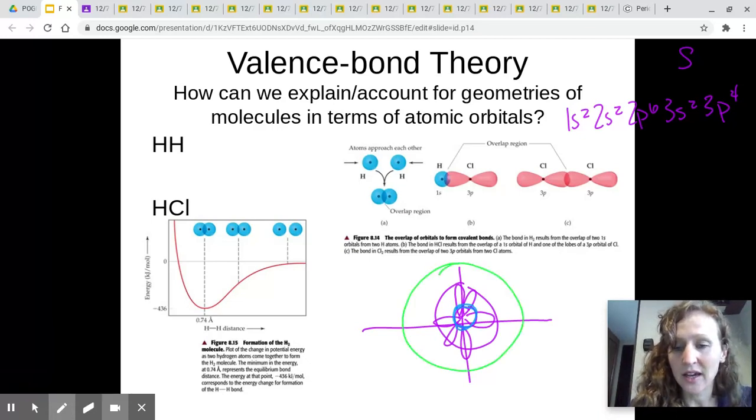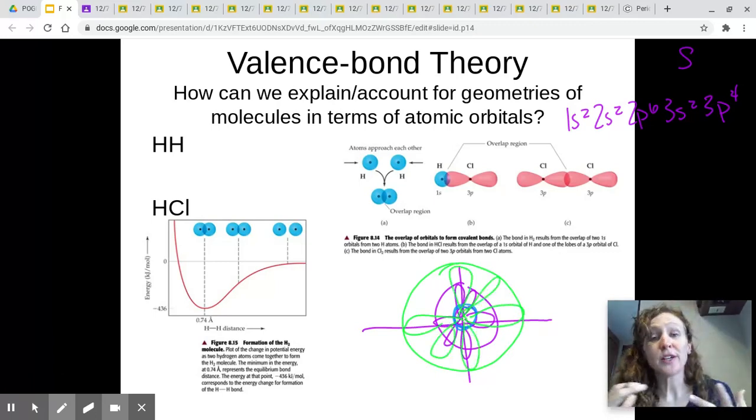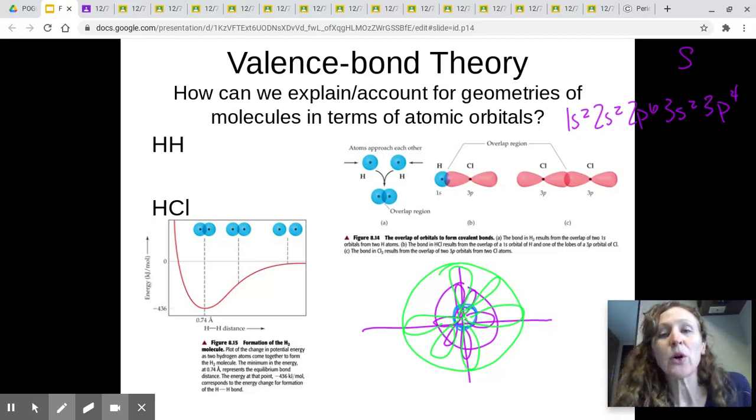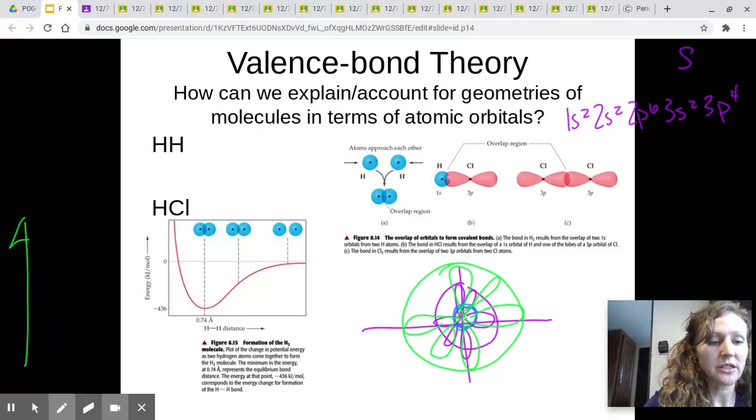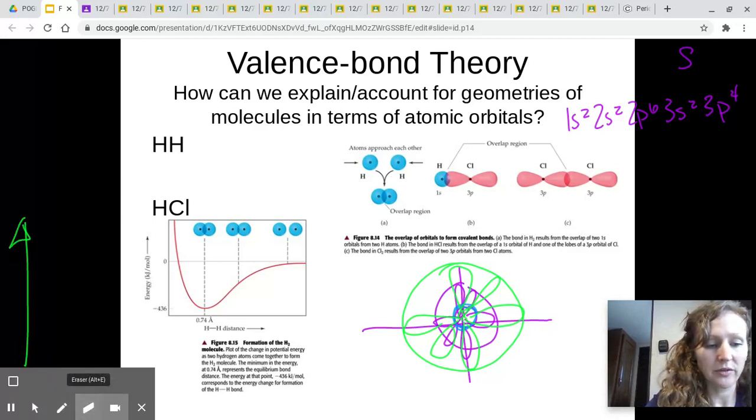It's going to have a 3px, a 3py, a 3pz. Those are all the atomic orbitals in sulfur that contain electrons.